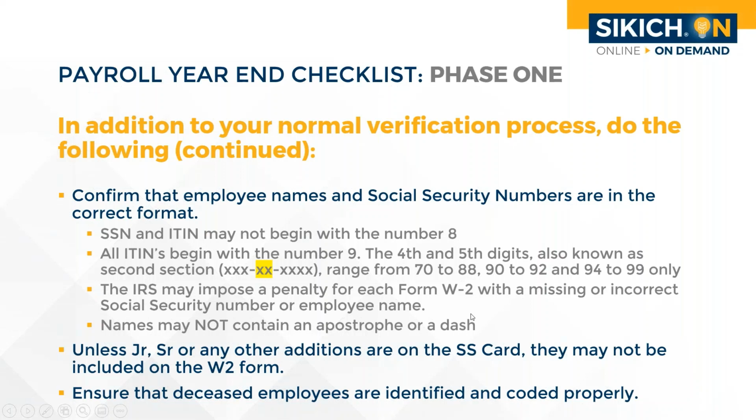Employee names may not contain an apostrophe or a dash. So if someone is an O'Connor, let's say, the apostrophe cannot be in, because on the Social Security card, it's not a viable symbol.